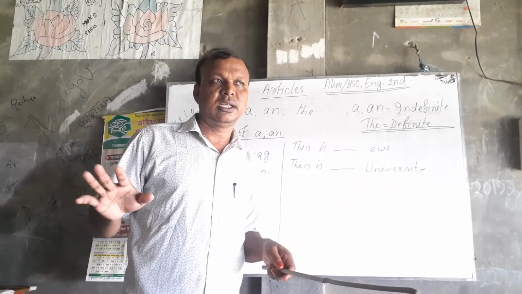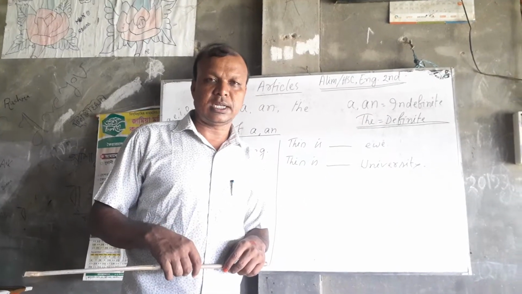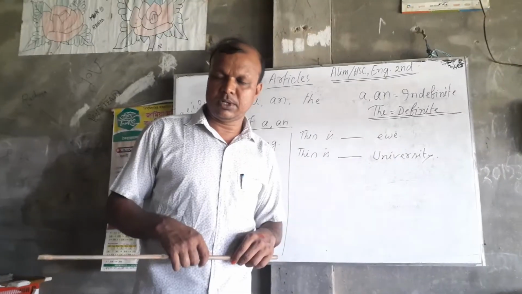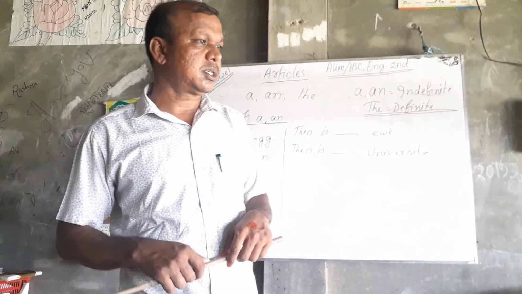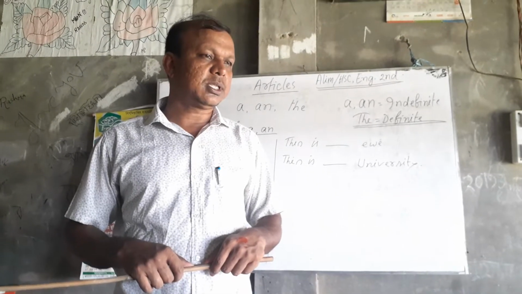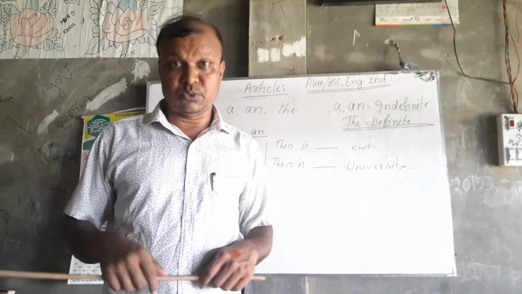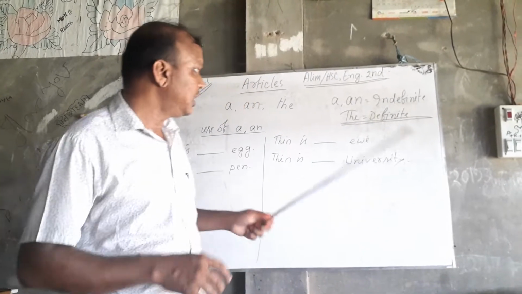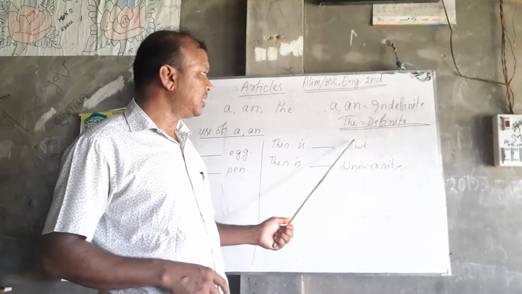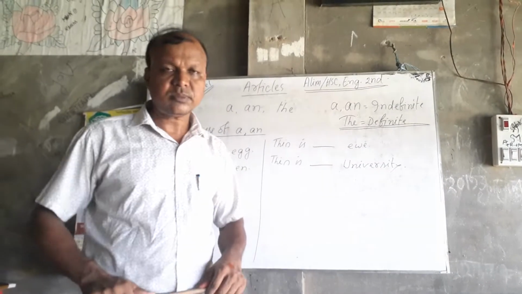Then we can say that articles are of two kinds: indefinite and definite. A and An are indefinite, and The is the definite article.